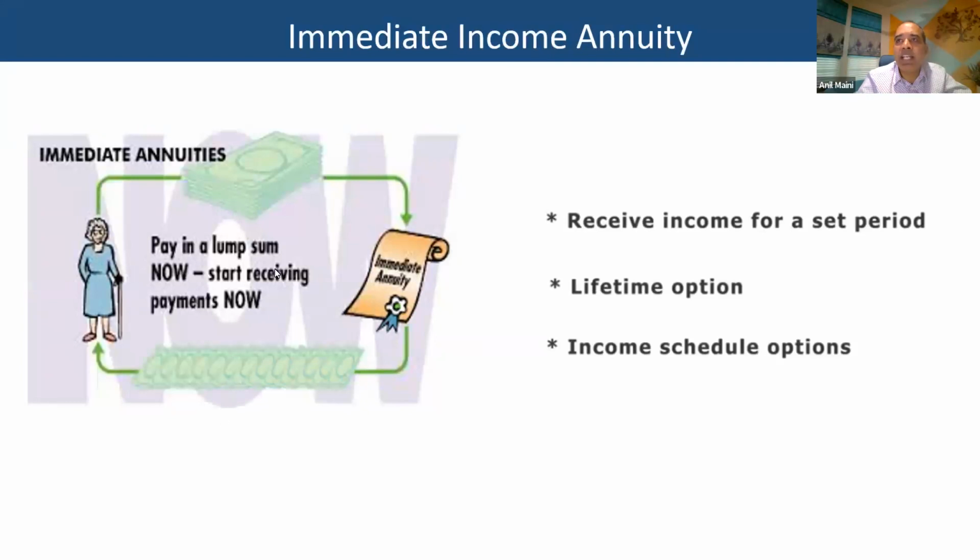And immediate annuities are for the people who are already very close to retirement, right? So they are already 65, they have a lot of money in 401k. Let's say a doctor client has $1 million in 401k or $2 million. Now he's asking how much money he can withdraw every year.